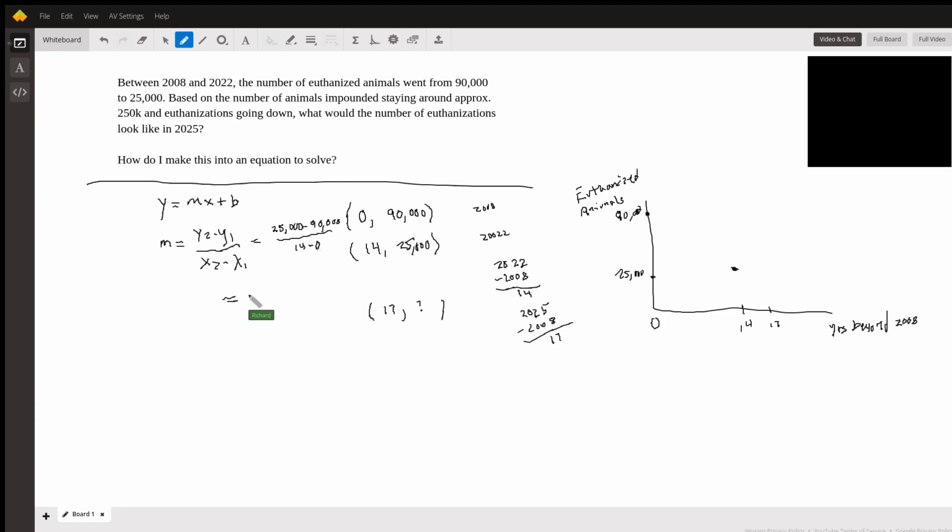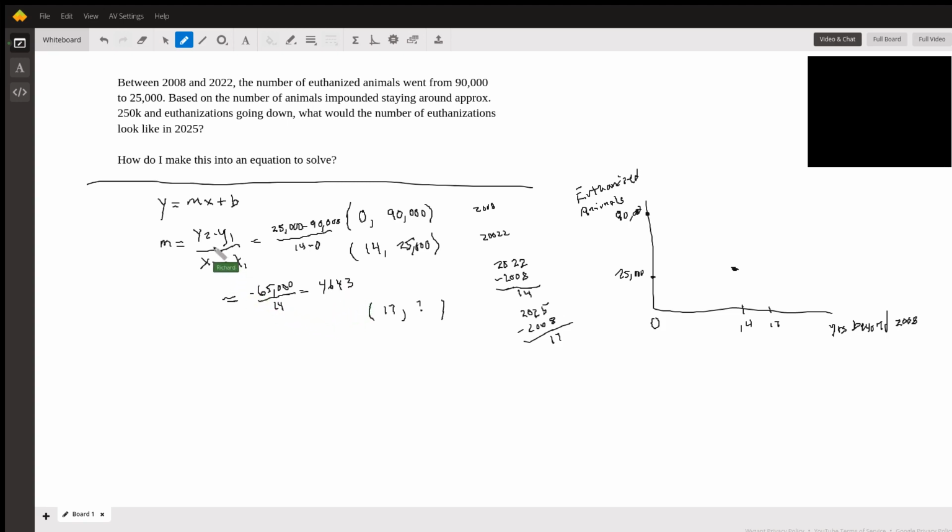And so we do this on our calculator. 25 minus 90 is negative 65,000, over 14. So I get 4642.8. So I'm just going to round that to 4643.